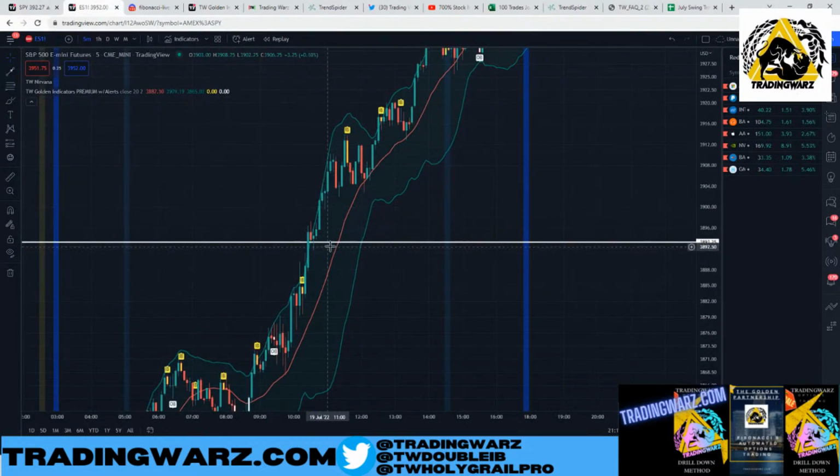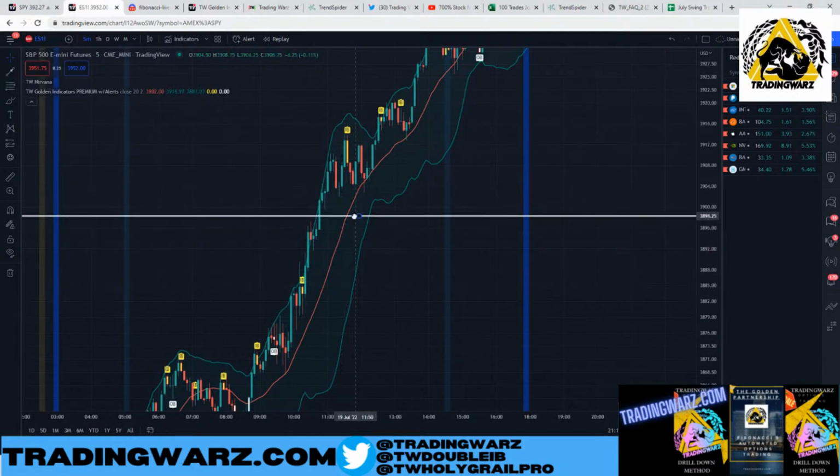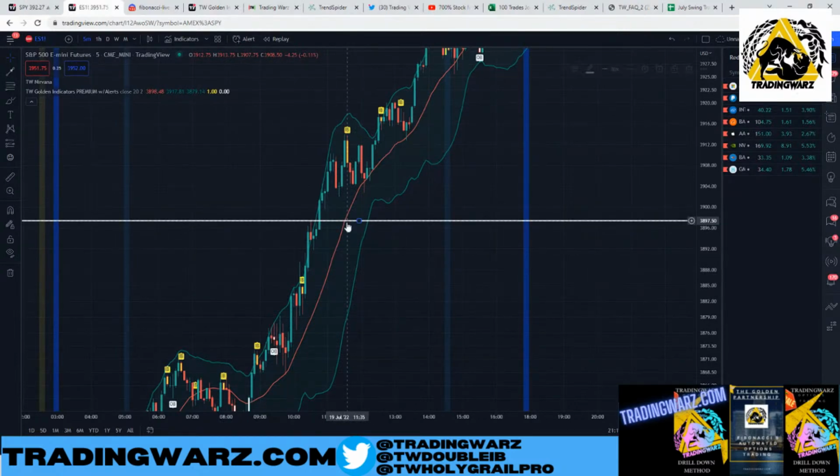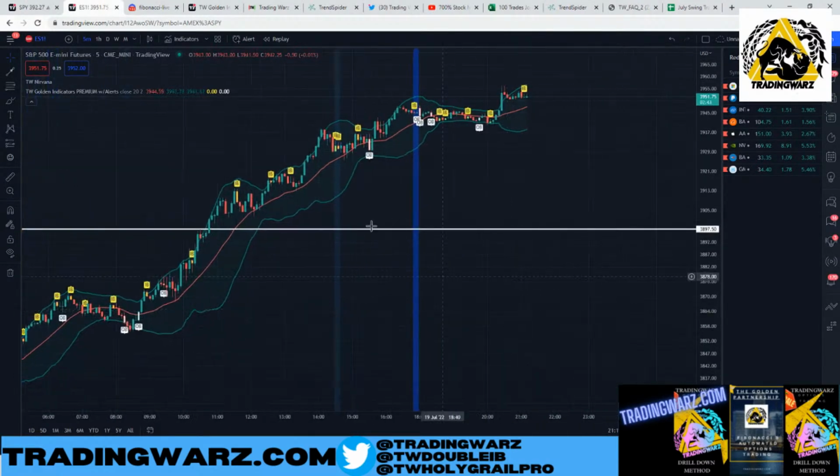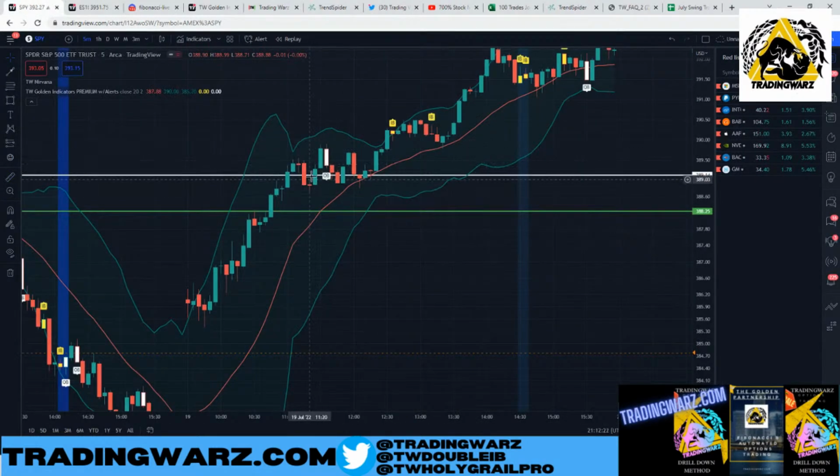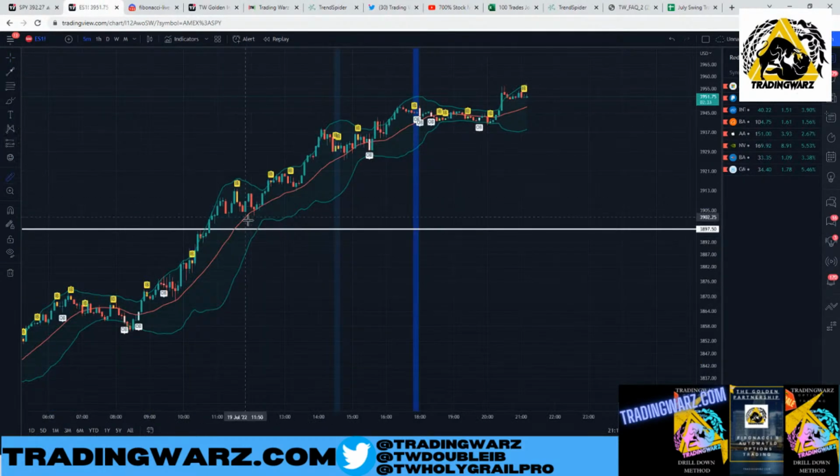We can put our white line as our entry right here on top of the wick of that candle. And let's measure all of the points from that entry. So this is the same trigger trade. Okay, the green line was our entry. So let's just say we held it all the way until now. Let's just see how much money we can make. Okay, so that is 53 points.